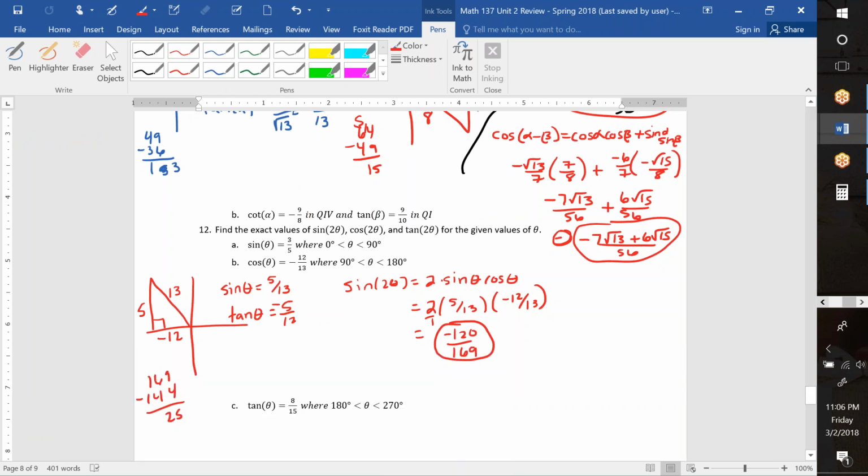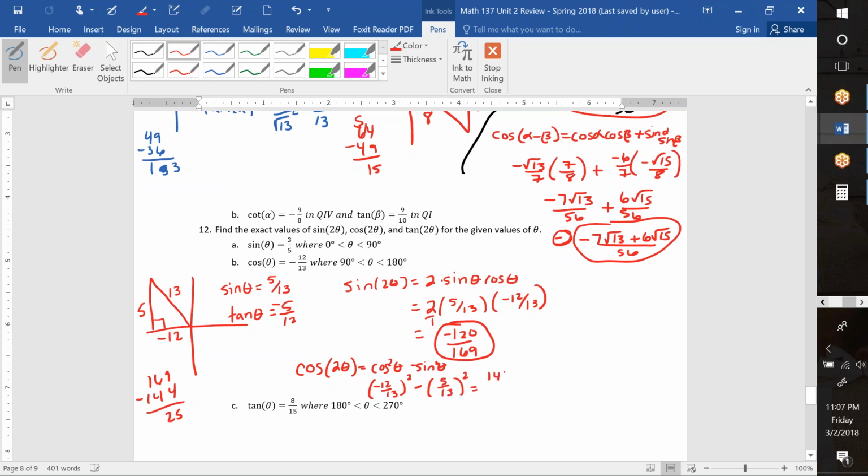Okay, so then let's look at cosine of 2 theta, which is going to be cosine squared theta minus sine squared theta. So this one's easy. You just take the cosine angle and square it, and you subtract the sine angle squared.